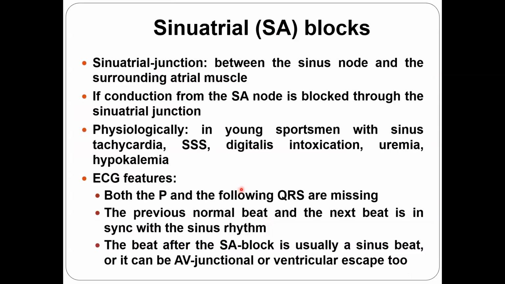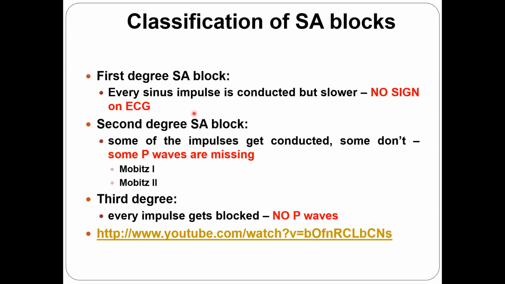Now, SA block, that's a little bit difficult one. And that could be the first sign, for example, of an oxygenation abnormality when the SA block occurs. Now, that meaning that we do still have first degree, second degree, Mobitz type 1 or Mobitz type 2, and third degree. Now, first of all, you cannot recognize the first degree block because first degree block means that the impulse is getting out and is getting out rhythmically, so there is no sign on a 12 leads ECG.